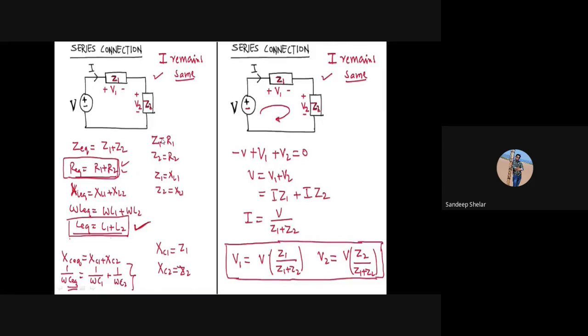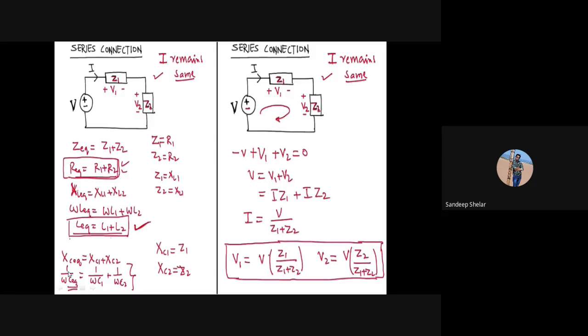That means the series connection is applicable for any closed loop circuit in which the elements are added. In a series connection the current remains the same and the elements are added.